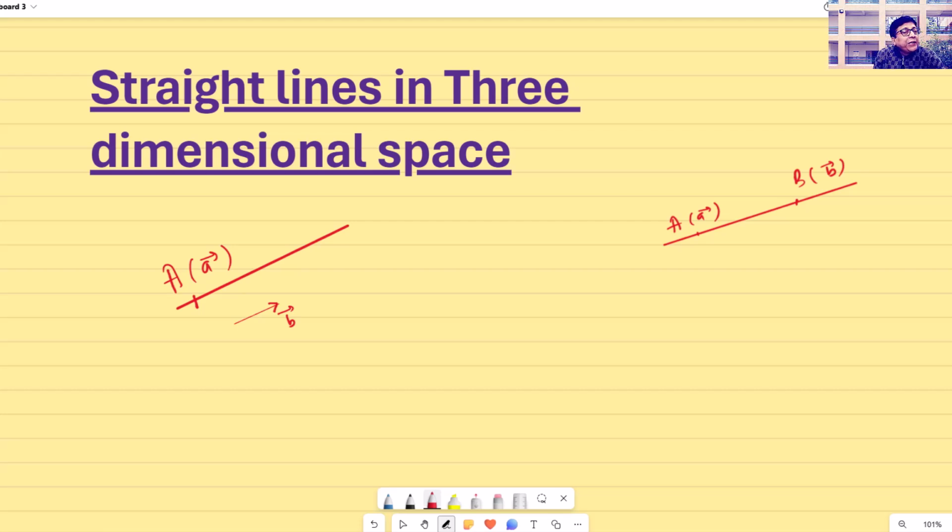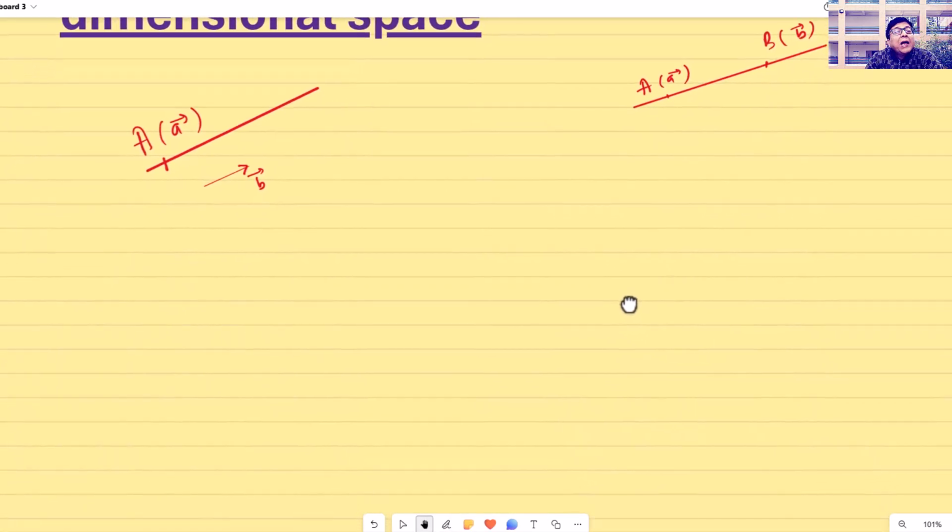So either you need a vector and a point on the line or 2 points on the line to get the equation of a line in 3D. And see the advantage of learning vectors properly to study straight lines in 3D. So let us find the first form of the equation of a line, which is the vector form.